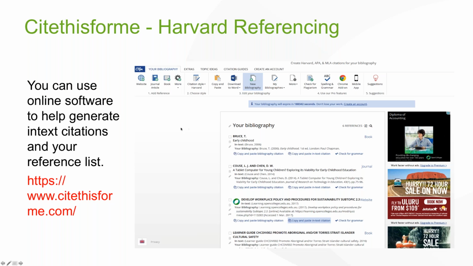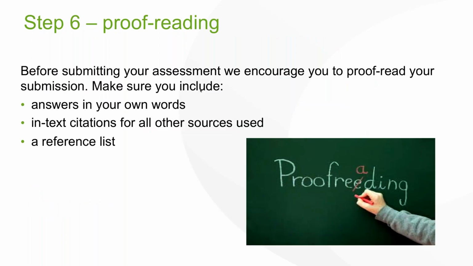The great thing about this software is I can reference my textbooks, journal articles, websites. I can change the citation style, whether that be Harvard or APA or others that are required. And it's such an easy website to use, which I'm going to go through with you in a sec.